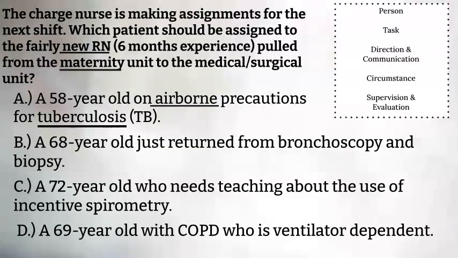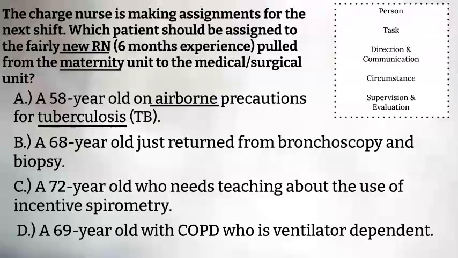Option A, a 58-year-old on airborne precautions for tuberculosis. Okay, so this is a new nurse with 6 months of experience who has been working in the maternity unit. She's used to taking care of mamas and babies, and it's not likely that she's ever worked with a patient with tuberculosis.